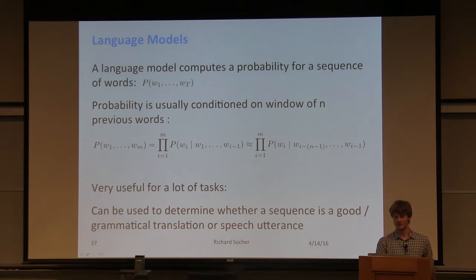Because to approximate this, you can just keep around very simple counts, like how often do I see this word versus all the other words after this sequence of other words. That boils down to a gigantic table of counts for all the different combinations. That's not very scalable if you want to get to large windows, and larger windows are indeed helpful if you could keep them around.